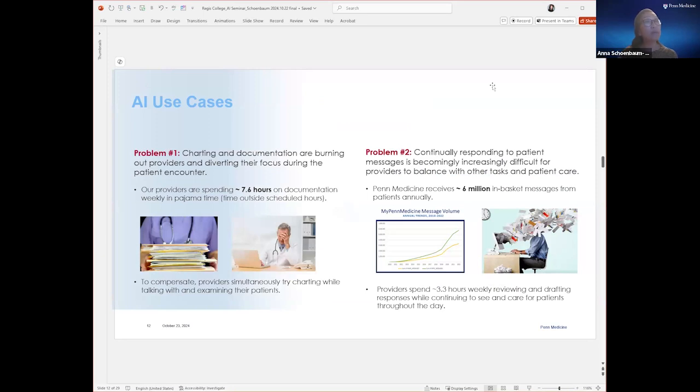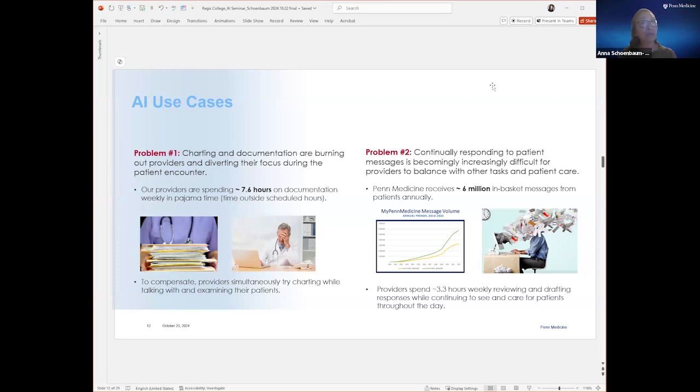So for problem number one, it's really the burden on documentation, whether you're a nurse or a provider. But we do know that 7.6 hours on documentation is spent weekly in pajama time with our providers at Penn Medicine. So off hours, they're in the chart finishing up their documentation for the day or for the week.